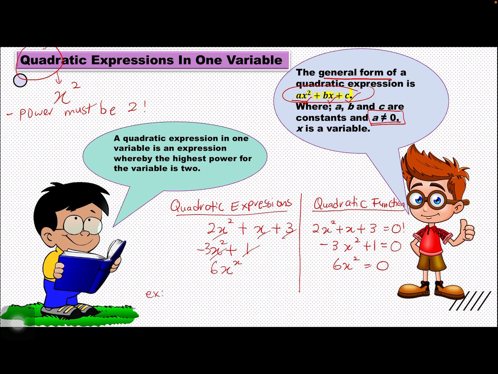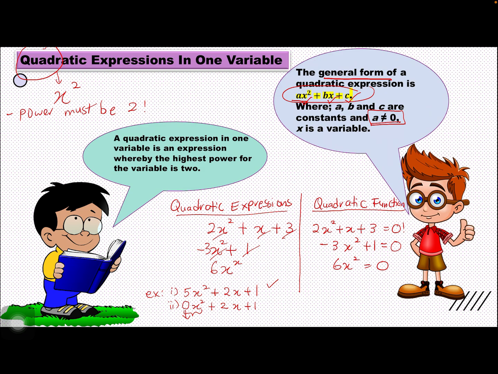If I have 5x squared plus 2x plus 1, this is a quadratic expression. But what if my a is 0? 0x squared plus 2x plus 1. Is it going to be a quadratic expression? The answer will be no.